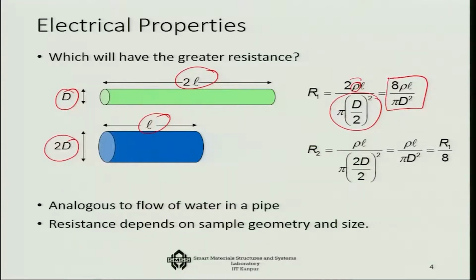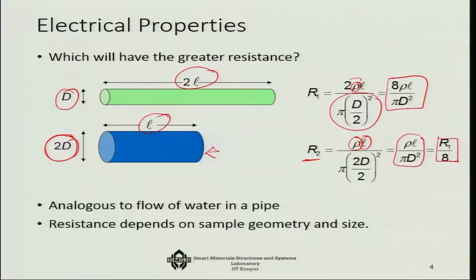On the other hand, if you consider the resistance of the second one, R2, then resistivity is again the same rho, length is now L and diameter is double, 2d. So, you substitute and you will get it as rho L over pi d square. So, what it means is that R2 is actually 1/8 of R1.